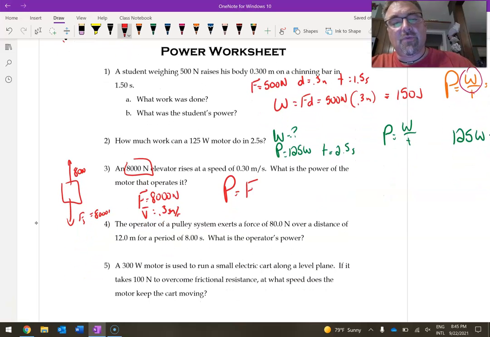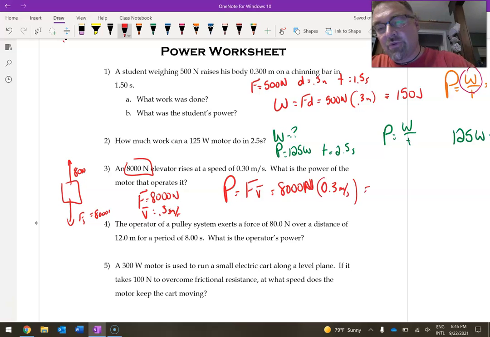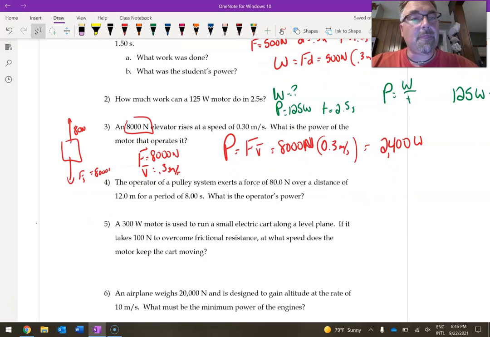So power is the force times the average velocity. So 8,000 newtons is what's being exerted. Newtons, I keep writing this as a W. And then I'm going to multiply that by 0.3 meters per second. And so that's going to give me a whopping 2,400 watts. You could also have newton meters per second, and that'd be perfectly fine as well.